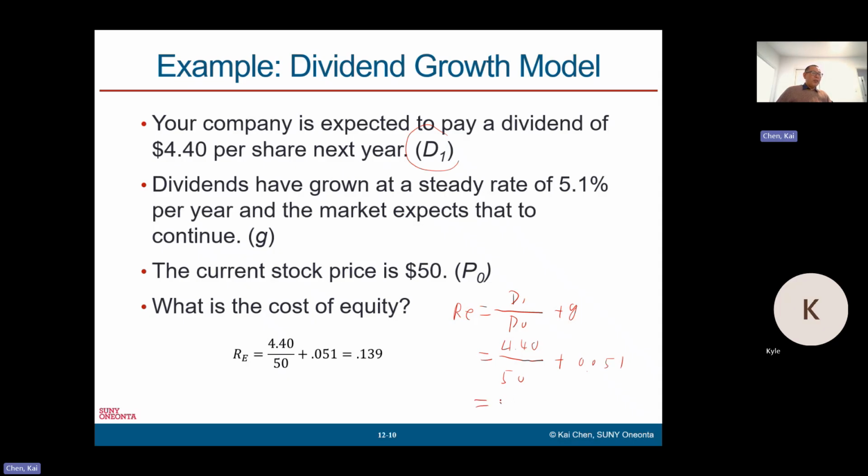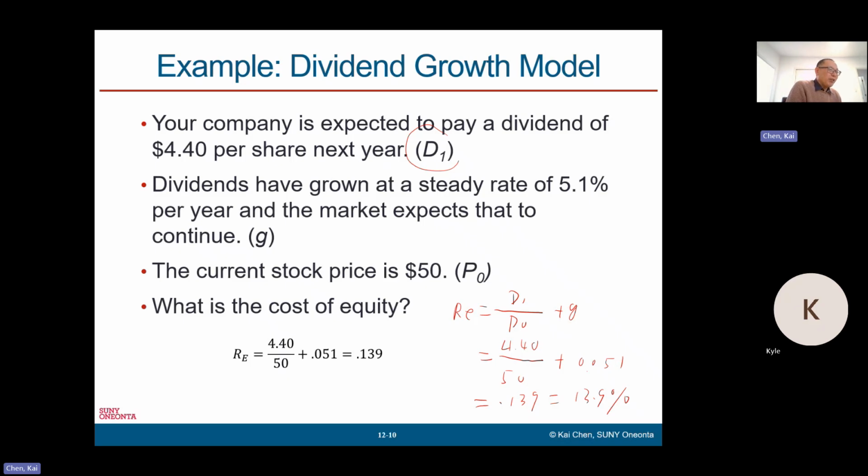Now we can get the result. That is 0.139, in percentage, 13.9%. So the answer is the cost of equity is 13.9%.